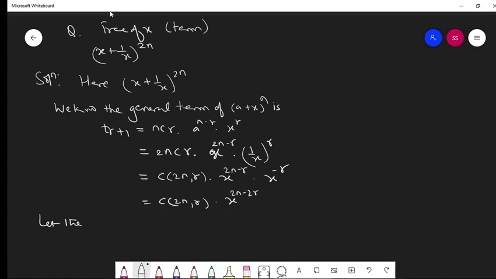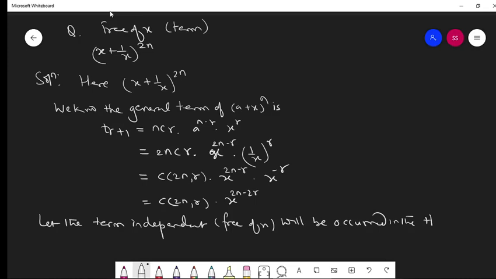Let the term independent, that is free of x, occur in the term r plus 1.